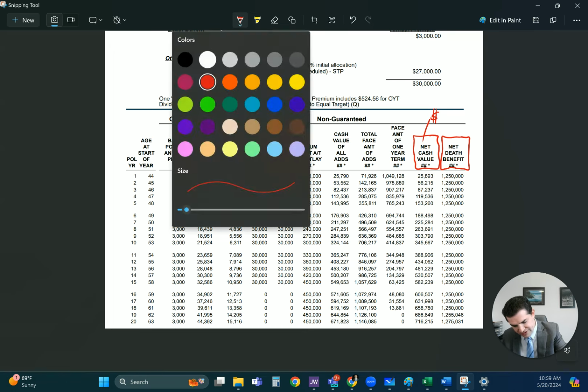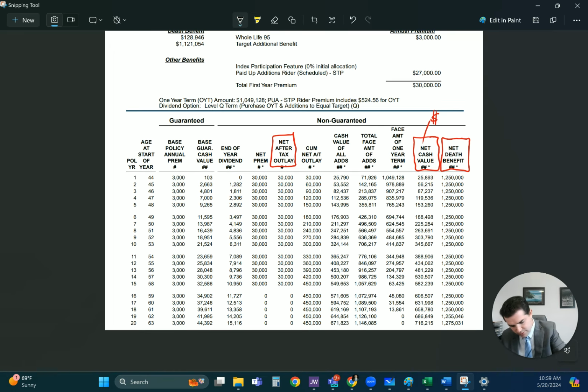This insurance company's dividend interest rate, this is with Guardian. Their dividend rate for 2024 is 5.9%. Does that dividend rate reflect 5.9%? It does not.